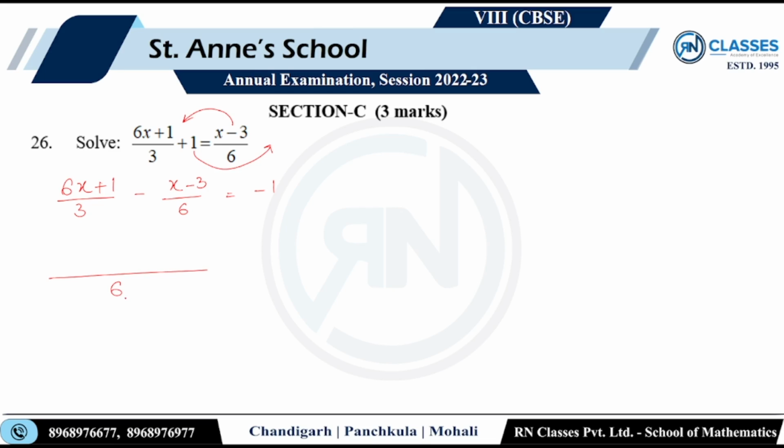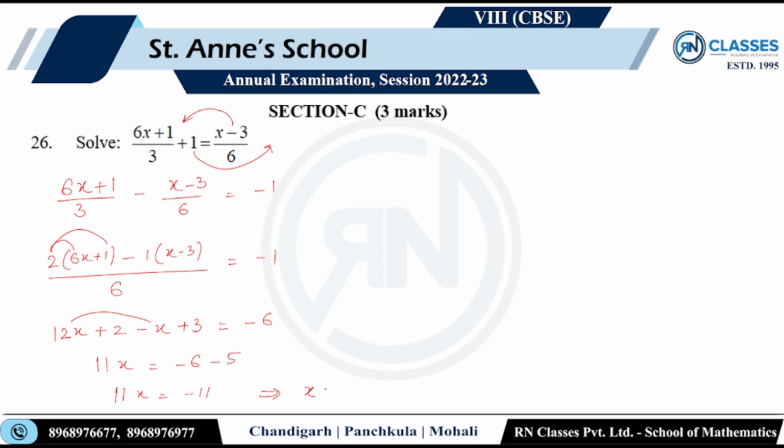LCM is 6, 3 2s are 6, so 2 will multiply on top: 6x plus 1 minus 1 times x minus 3, and here the minus came. Now applying the distributive property, 2 6s are 12x plus 2 minus x plus 3 is equal to minus 6. This comes out to be 11x, here minus 6 and minus 5. So 11x is equal to minus 11. So I can find x is equal to minus 1.